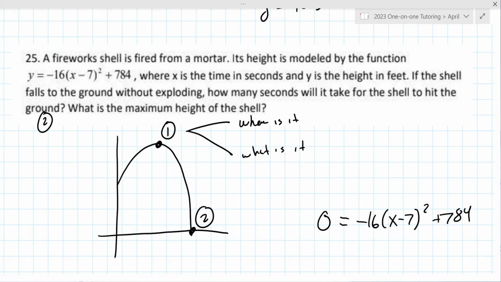You want to solve that for us, please? 0 equals negative 16 times x minus 7 squared plus 784. 0 equals negative 16x squared plus 784 plus 784.